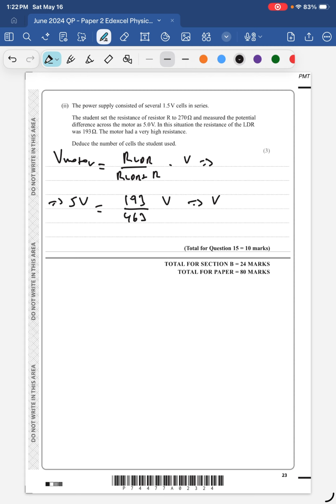Okay, so the voltage of the cells ends up being 11.99 volts. So it's approximately 12 volts, which is 8 times 1.5 volts. So 8 cells were used.